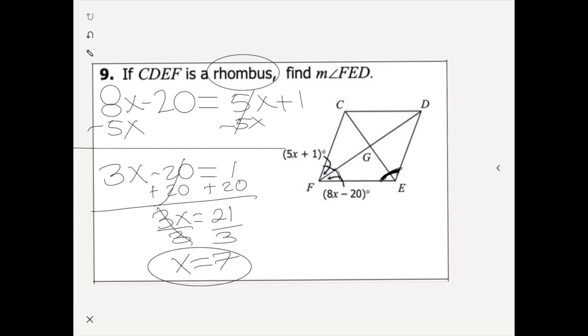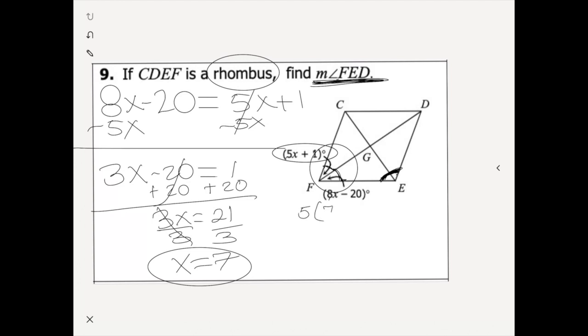They want us to find the measure of angle FED. But in order to find the measure of angle FED, we're going to first find this angle right here. So we're going to plug this in to either 8x minus 20 or 5x plus 1. It doesn't matter which one because they're both congruent. So if we find one, then we find the other one. So I'm going to use 5x plus 1.